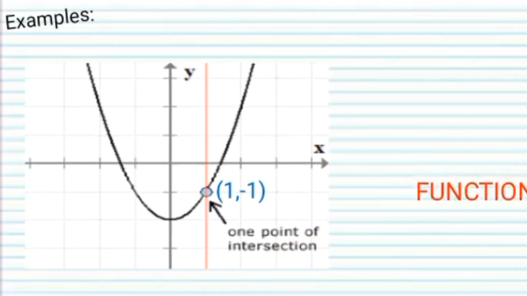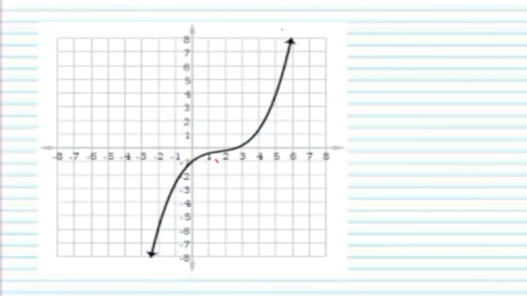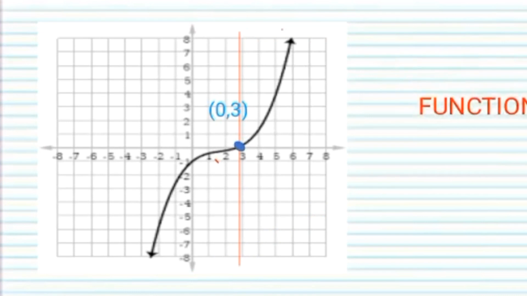And yes, this graph is a function. Next, after putting the vertical line test here, we saw only one point of intersection and we named it 0 paired to 3. Thus, this graph is also a function.